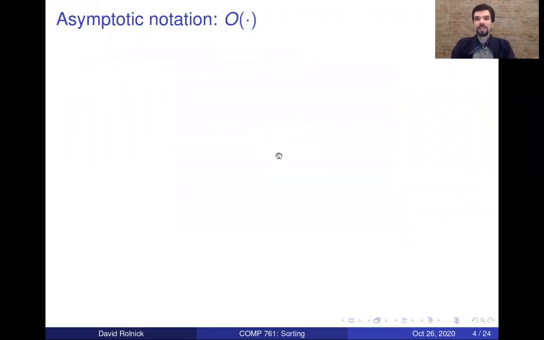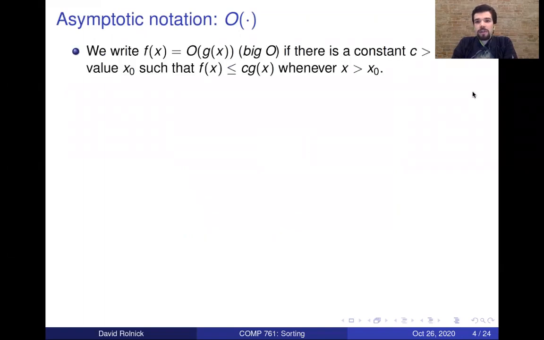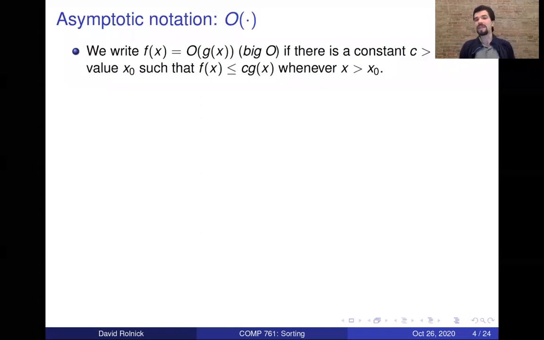So asymptotic notation. This is often called big O notation. And there are a few different notations wrapped up here. The first one is literally called big O. So we write f of x is big O of g of x if there is some positive constant c and some value x0 such that f of x is less than or equal to c g of x whenever x is bigger than x0.